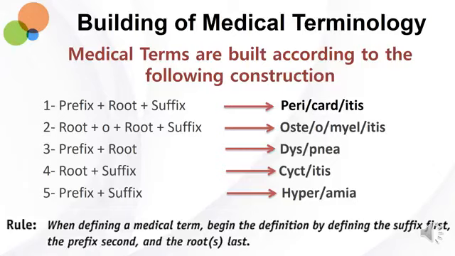Osteomyelitis, inflammation of the bone and bone marrow. Cystitis, inflammation of the urinary bladder. In cases of prefixes, I have to start with the prefix and finally the root. The last thing is the root. Dyspnea, difficulty in breathing.